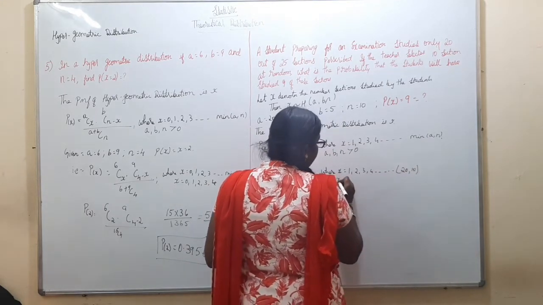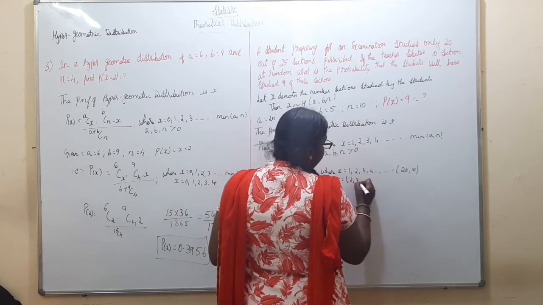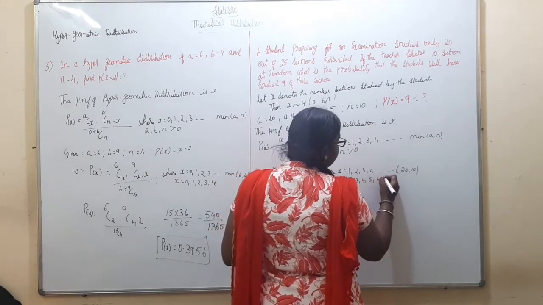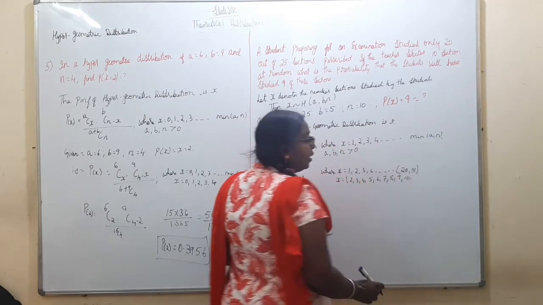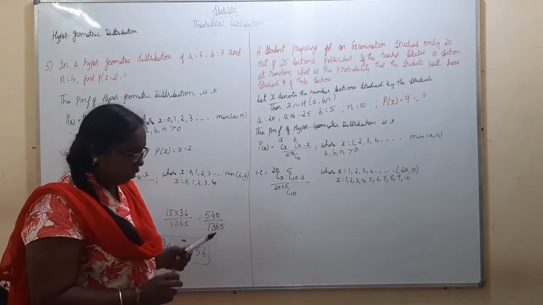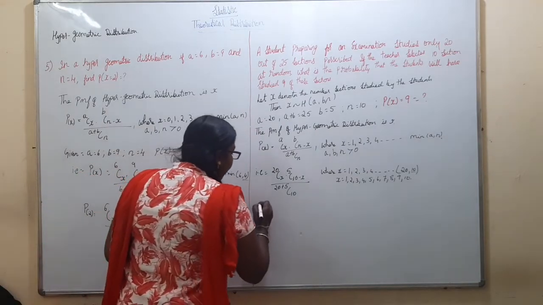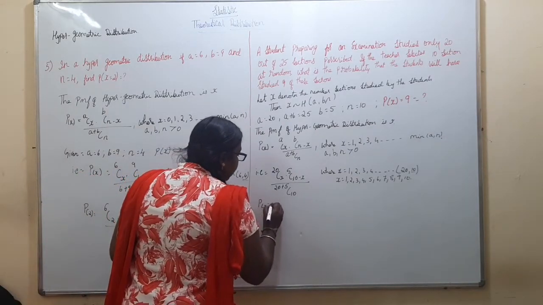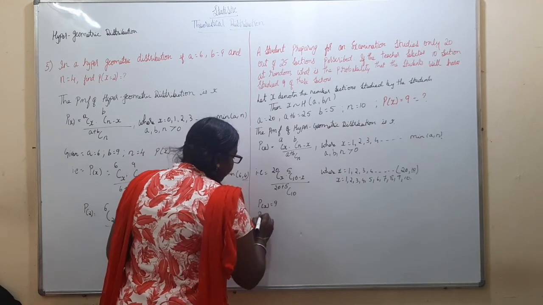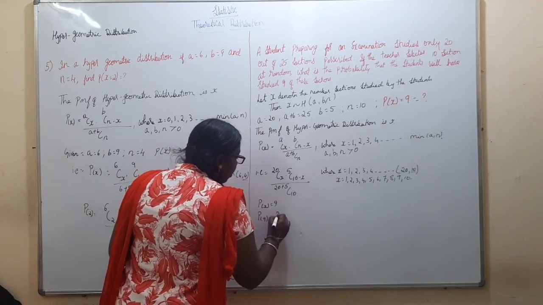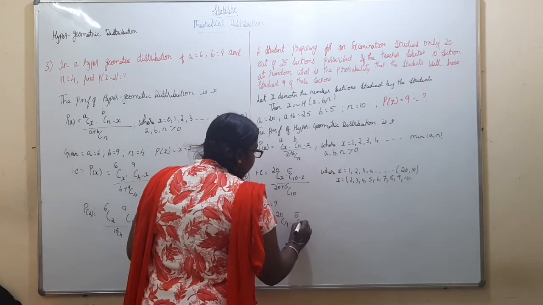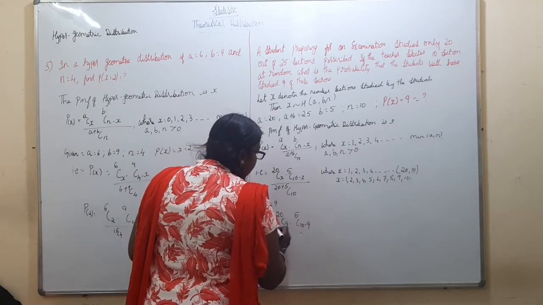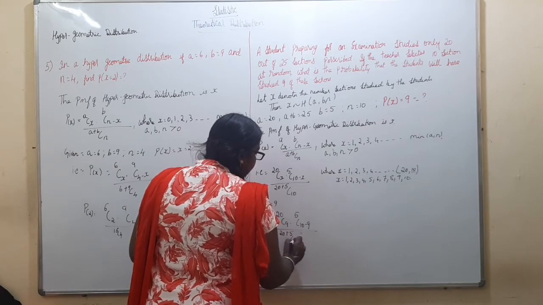So my x will be 1, 2, 3, 4, 5, 6, 7, 8, 9, 10. The minimum term is 10 here. My x will be 10. Now I need to find P of x equals 9. That is P9 equals 20C9 into 5C 10 minus 9 divided by 20 plus 5C 10.